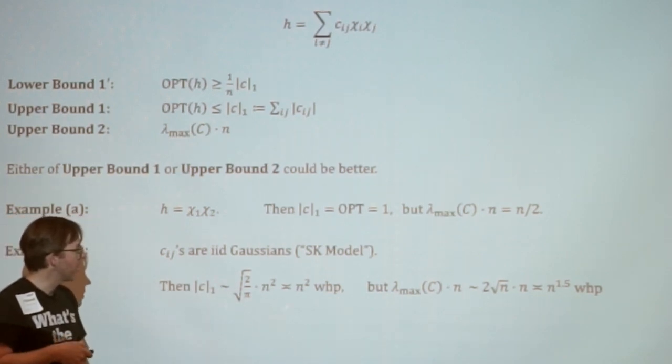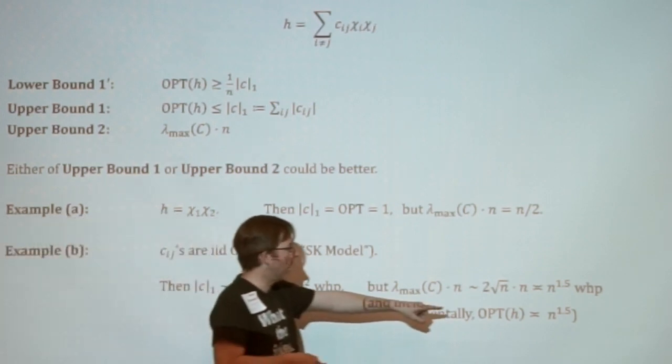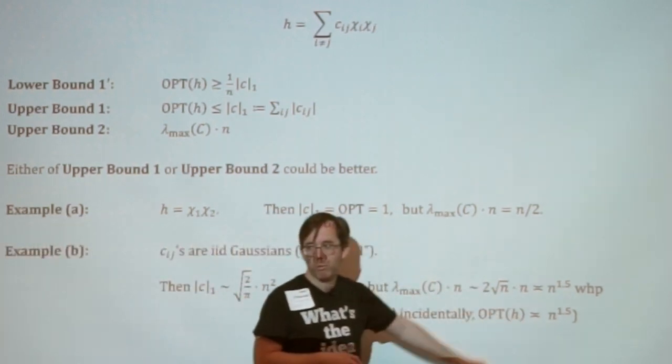So this first bound is proportional to n squared with high probability. But then it's also a famous theorem: if you have a matrix full of Gaussians, the largest eigenvalue is 2 root n with high probability. Then we multiply that by n, and you get something that's proportional to n to the 1.5. And that's much smaller. So this is an example where upper bound 2 is smaller than upper bound 1. Incidentally, they know that the optimum is smaller than this by a constant factor, but it's proportional to this.